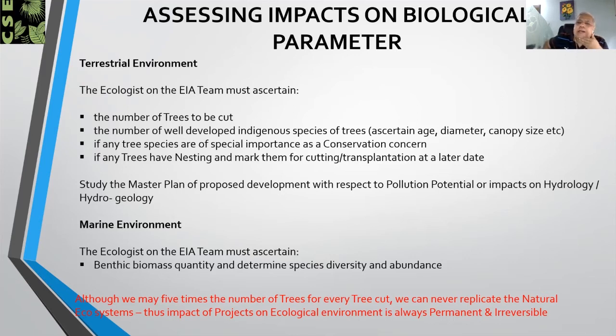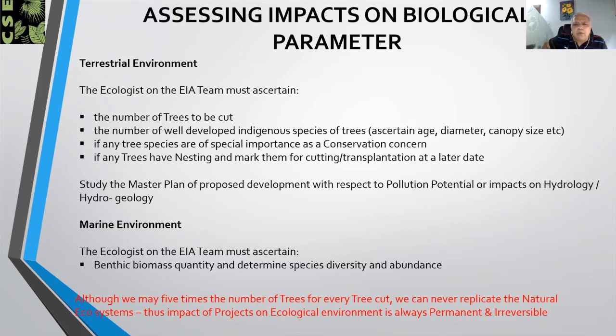But then, as we are all aware of projects where we hear of the environmental clearance being granted with conditions to plant five times the number of trees which are cut, or five times the number of mangroves which are cut.